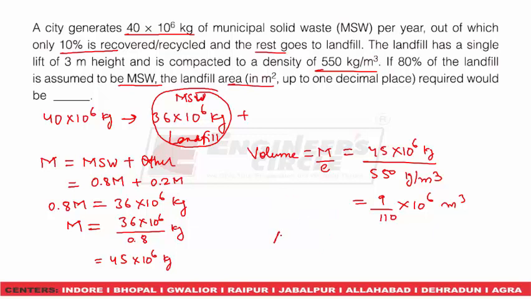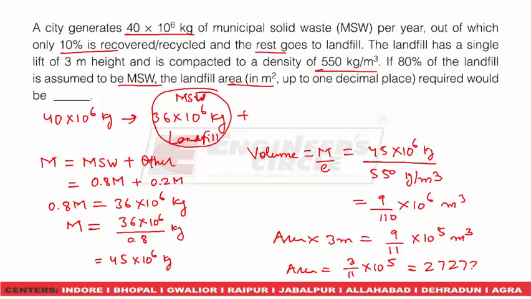So area into depth, that is 3 meter, this will be equal to 9 by 11 into 10 to the power 5 meter cube. So area will be equal to this value divided by 3, so it will be 3 by 11 into 10 to the power 5. So it comes out to be 27272.7. So this will be our answer.